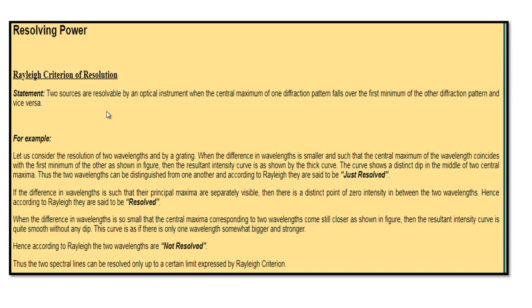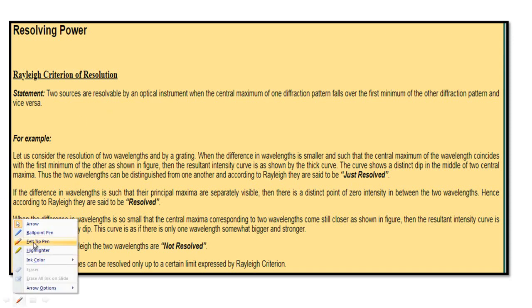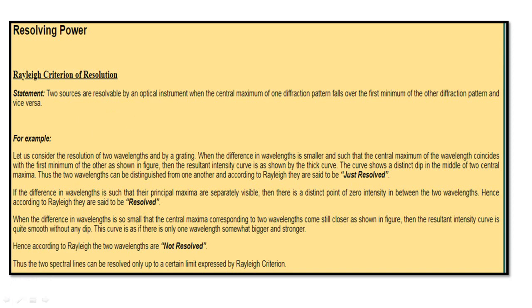The optical instrument which is used to see two microscopic objects as distinct and separate is called a microscope. While if there are two distant stars which are very close to each other, you cannot make the distinction between them with the naked eye, because of the light coming from the two stars.